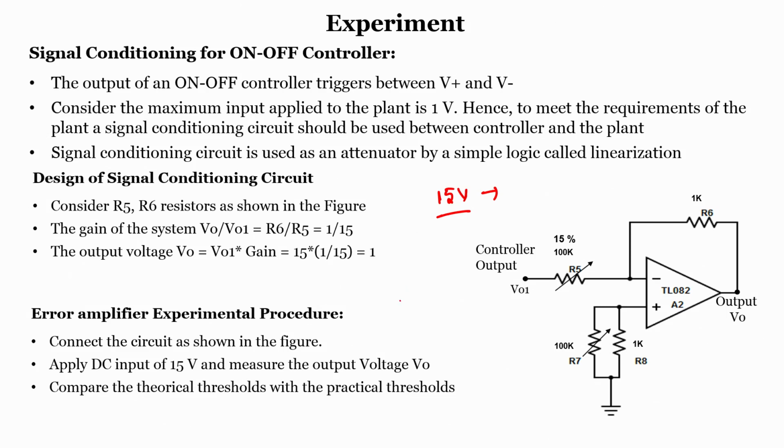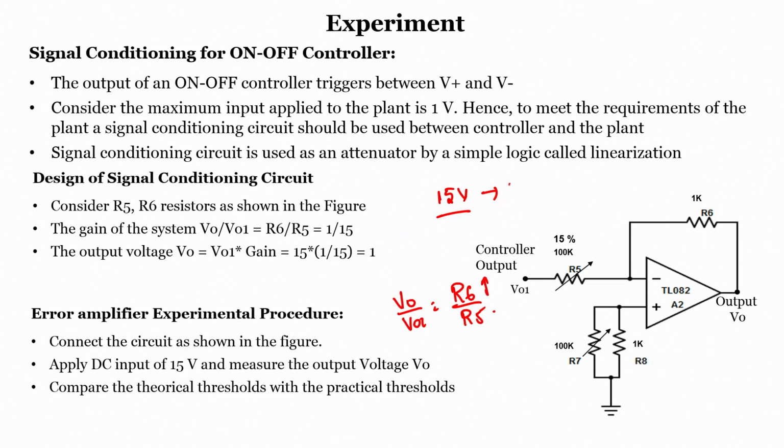The gain of an inverting system, V naught by V1, entirely depends upon your feedback resistor divided by input resistor, which is R6 by R5. If you want to use it as an amplifier, the R6 resistance value should be higher than the R5 resistance value. As a result, we will get a higher value, but in this case we need to attenuate.